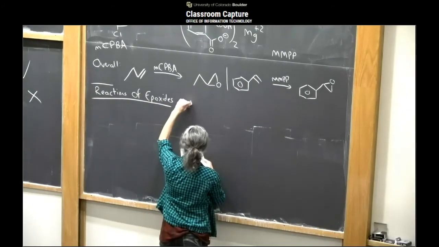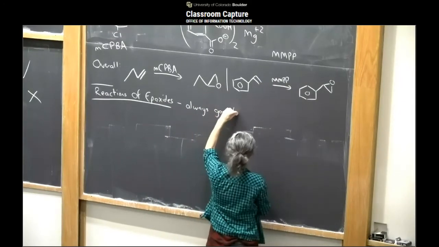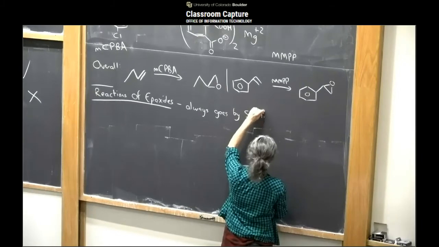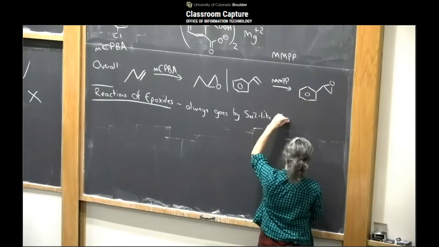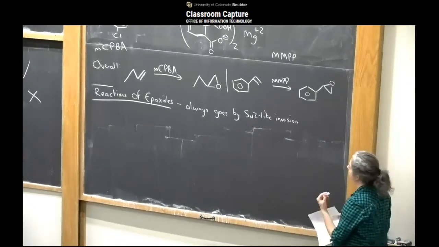In all cases though, it's going to go by an SN2-like inversion on one of the carbons, whichever one gets attacked.